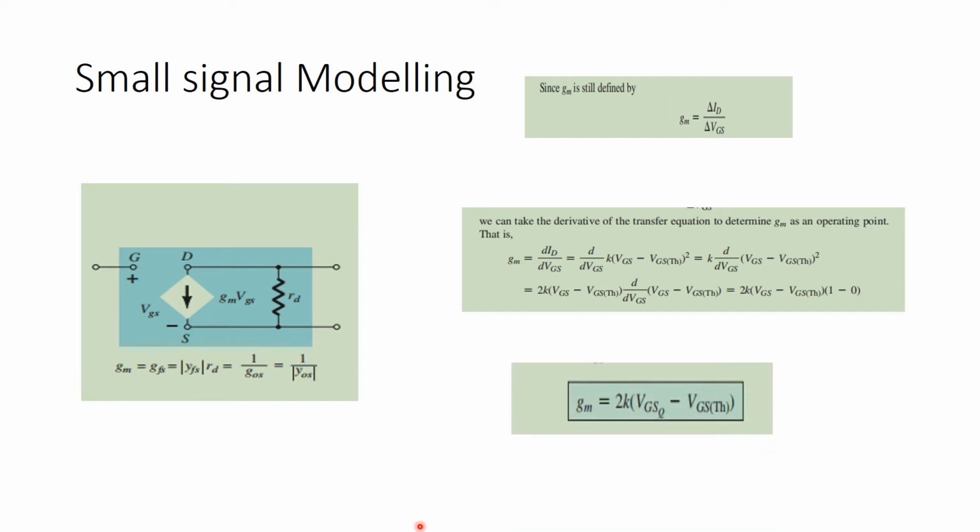So gm is equal to 2K times (VGSQ minus VTH), where VGSQ is the operating point gate to source voltage and VTH is the threshold voltage.